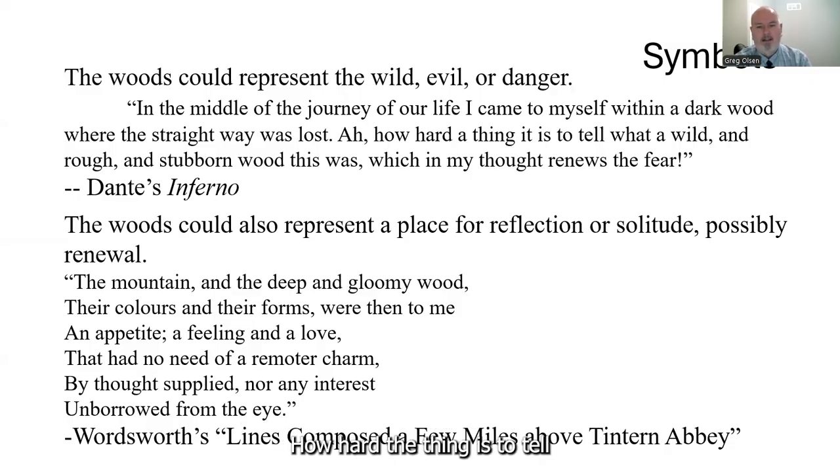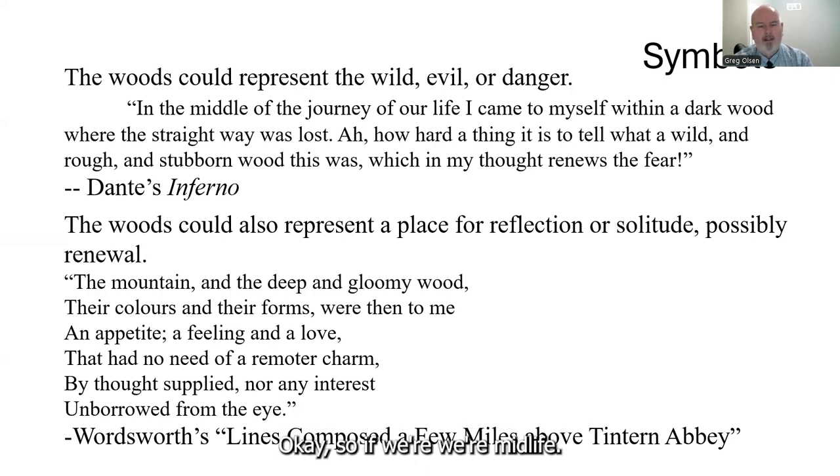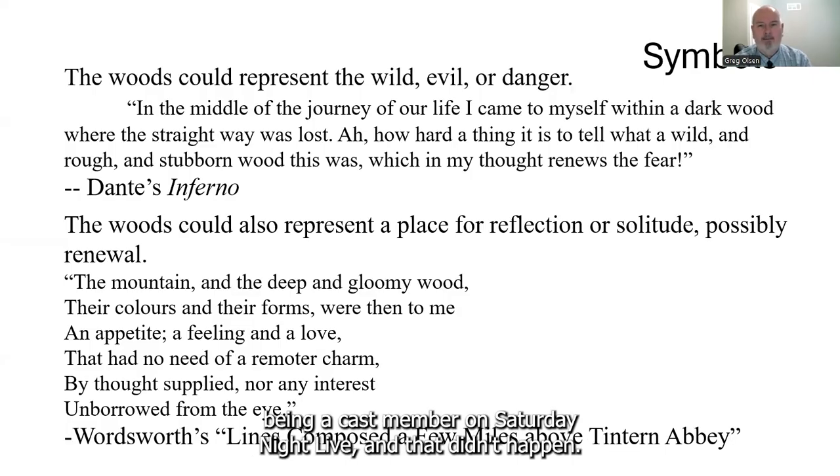"Ah, how hard a thing it is to tell what a wild and rough and stubborn wood this was." And we think of, okay, so if we're midlife and what a stubborn wood this was, I think of maybe the goals that we set when we're in our teens or in our 20s. For example, I was sure that I was going to end up being a cast member on Saturday Night Live.